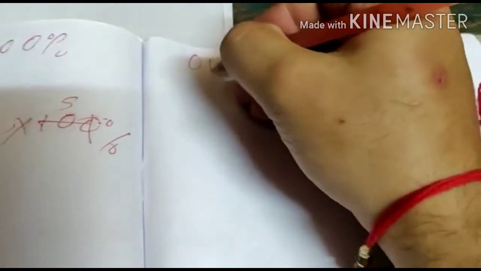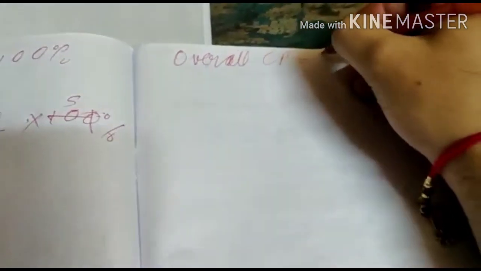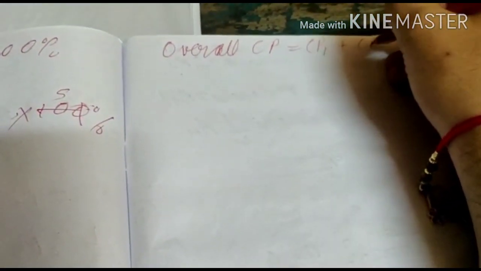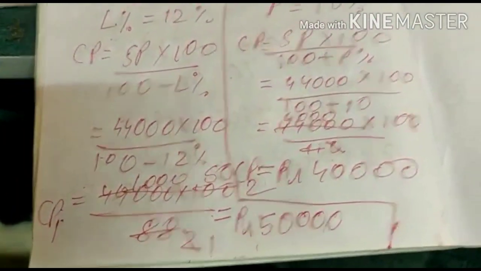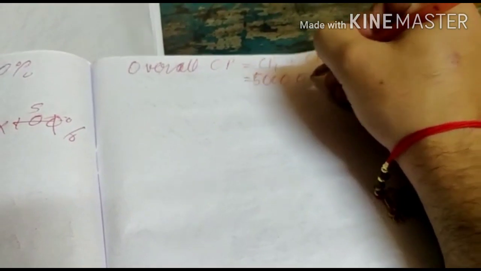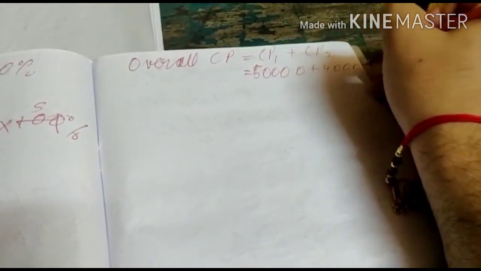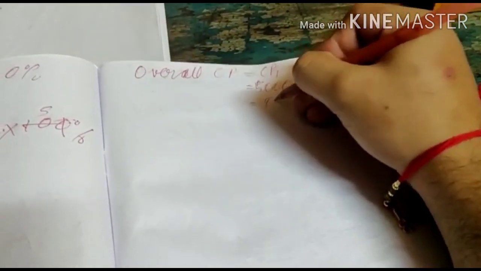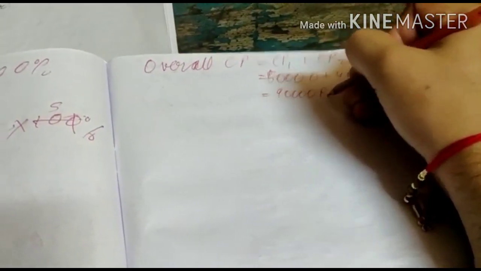So what we will do, we will find overall CP, that will be CP1 plus CP2. CP1 was 50,000, CP2 was 40,000, so 50,000 plus 40,000, it is 90,000 rupees.